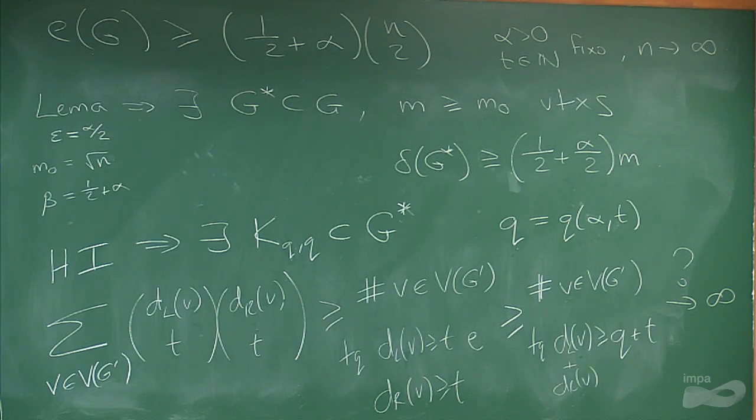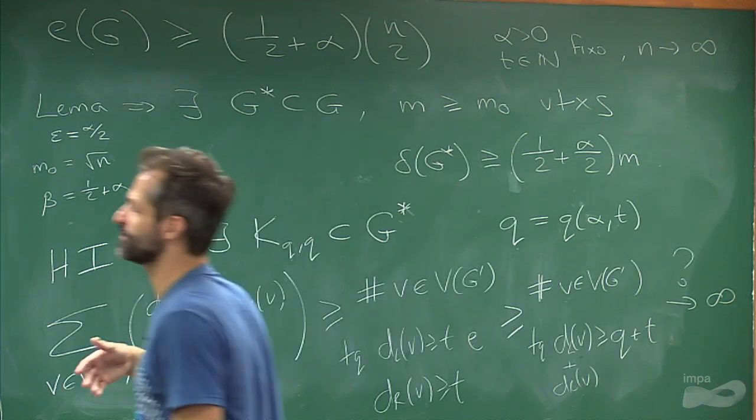So I claim there's a contradiction. So what should I count to prove that this is a contradiction? The number of edges? Yeah, exactly. The number of edges between top and bottom.